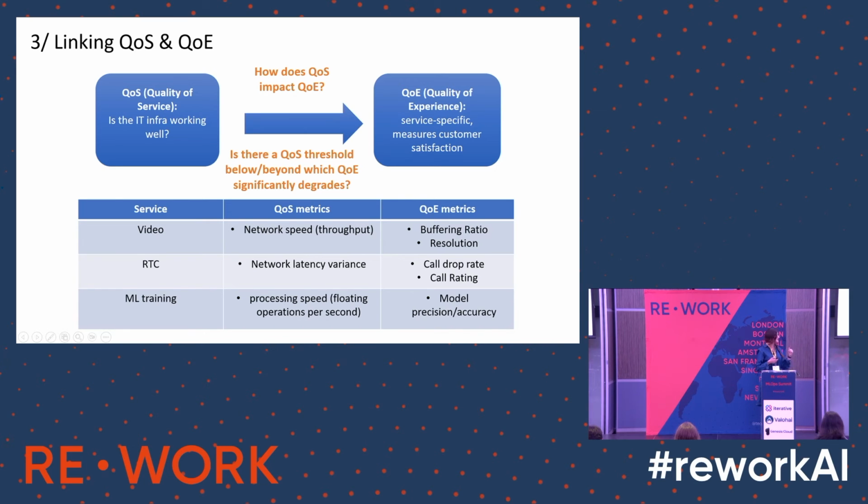So for instance, below this network speed, users will start feeling a degraded video experience. Or beyond this given variance in a call, people will start dropping. So really being able to perceive these thresholds and to calculate them.